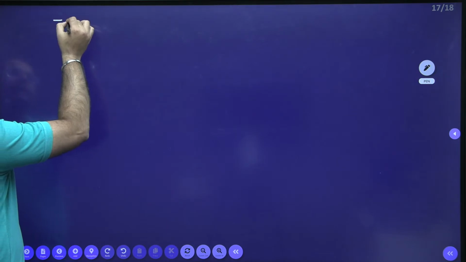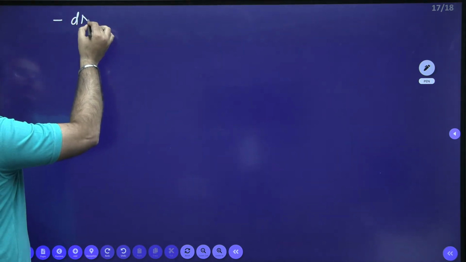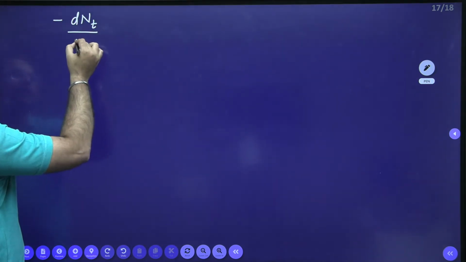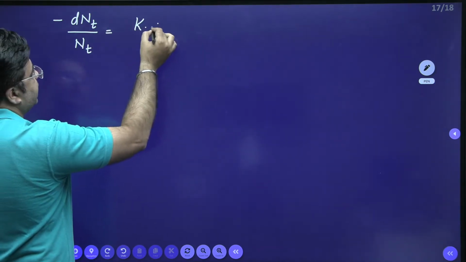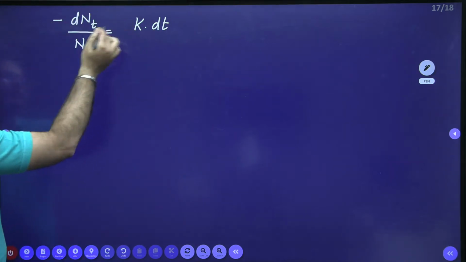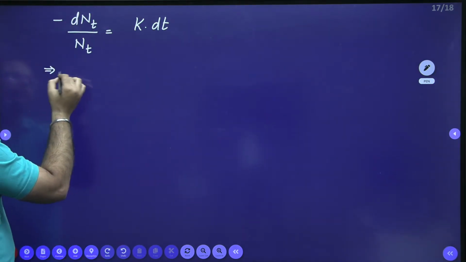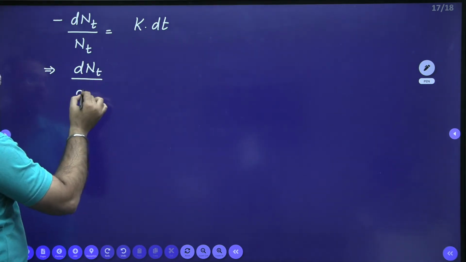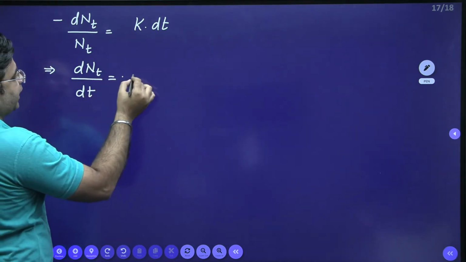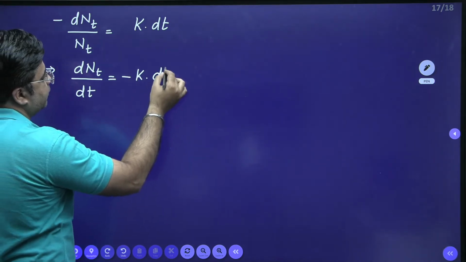So minus dNt by Nt is equal to k into dt. You take the minus sign this side, so you have dNt by Nt is equal to minus k into dt.